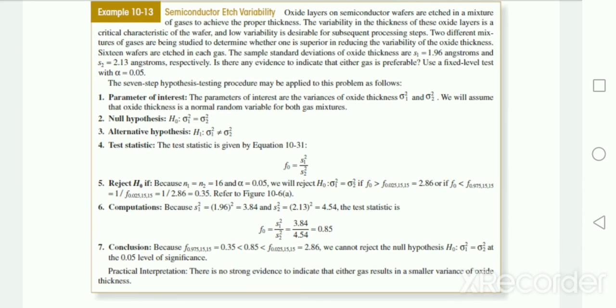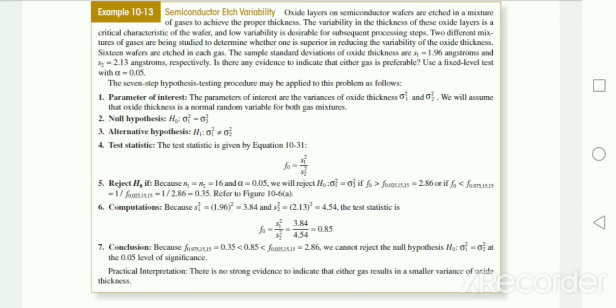We don't know which one is best compared to the other. That means here we have the alternative hypothesis sigma 1 square not equal to sigma 2 square. Which one is preferable, we don't know, so the alternative hypothesis is sigma 1 square not equal to sigma 2 square.